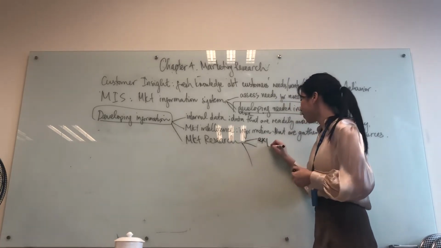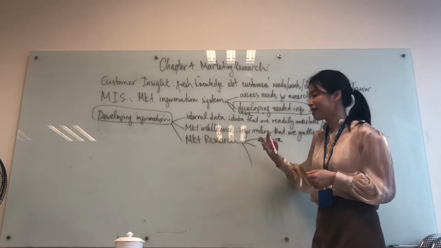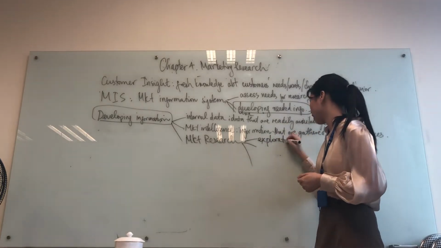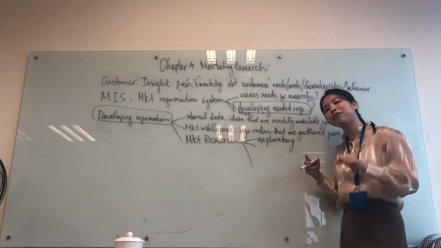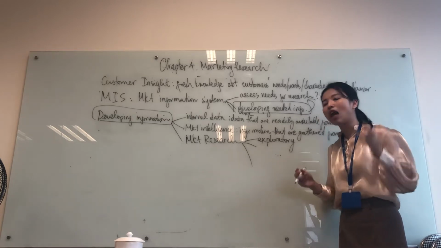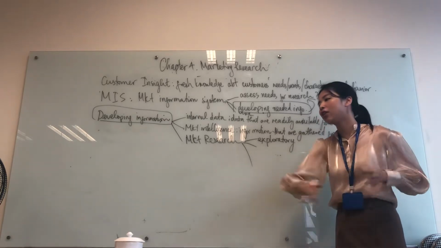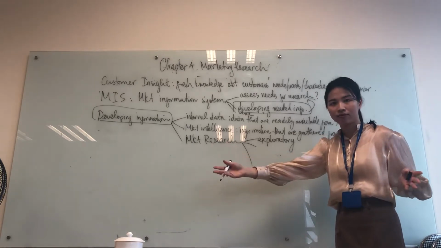We have the easiest one, I think, or the most basic one to do, which is exploratory. Usually people do exploratory research in the very first phase of their research process. A company can carry out a year-long or 2-year-long marketing research project.